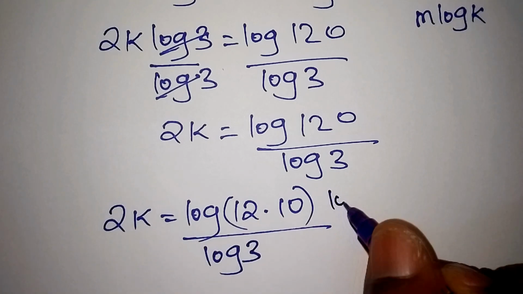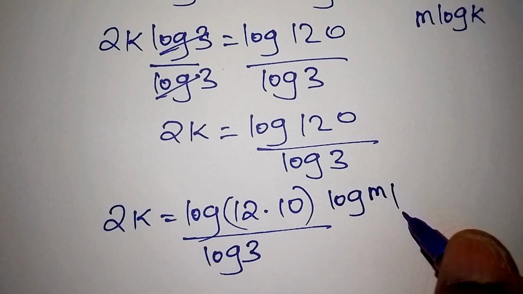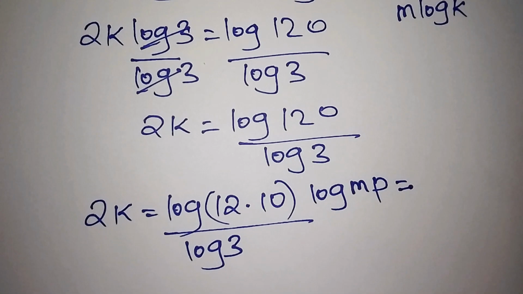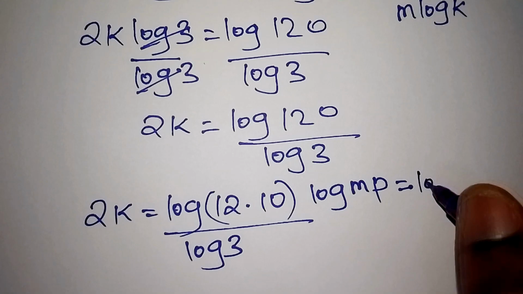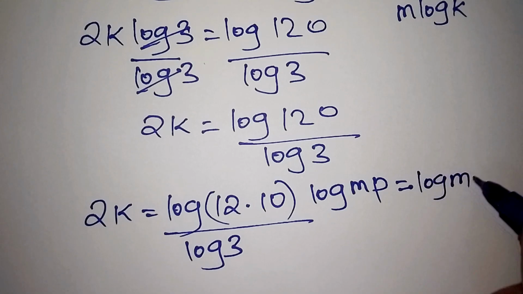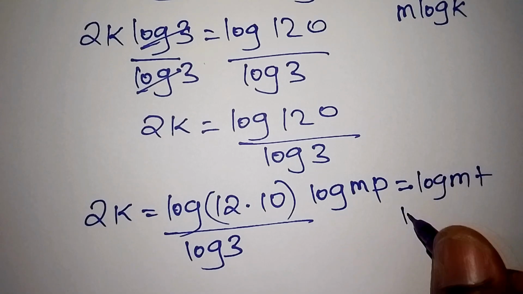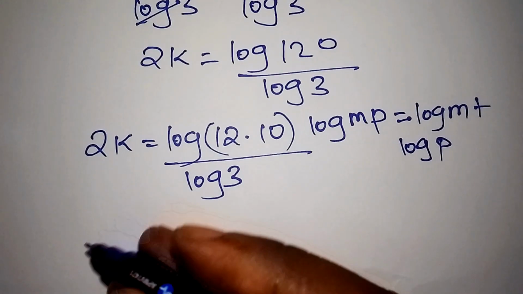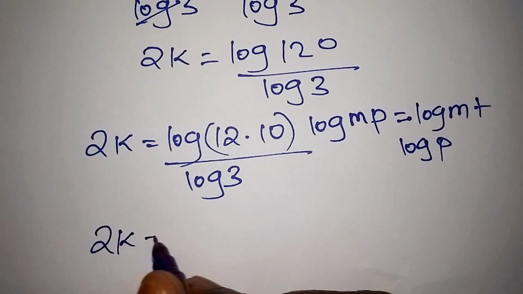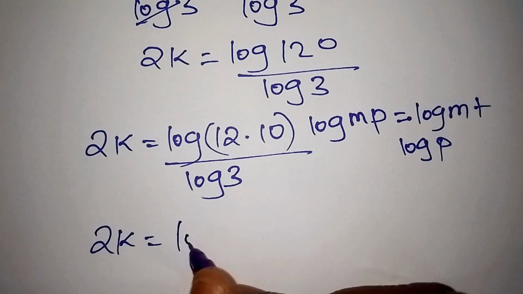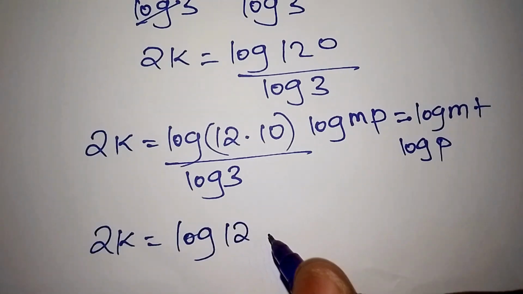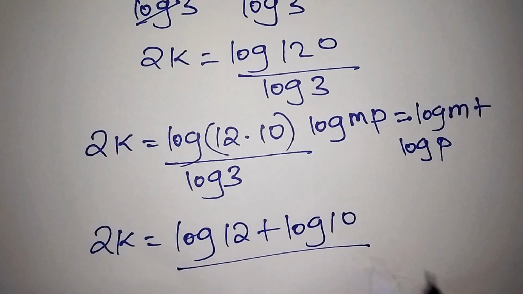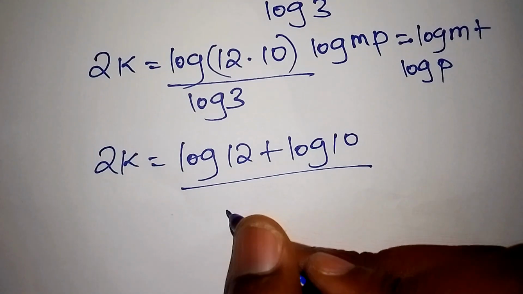When you have the log of m multiplied by p, according to the law of logarithms, this can be written as the log of m plus the log of p. So 2k equals the log of 12 plus the log of 10, all over the log of 3.